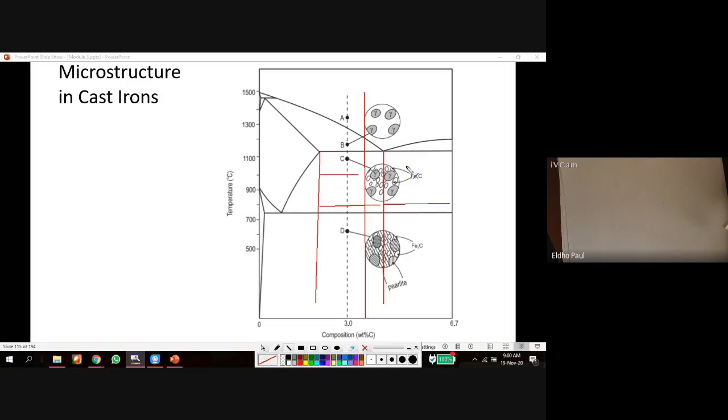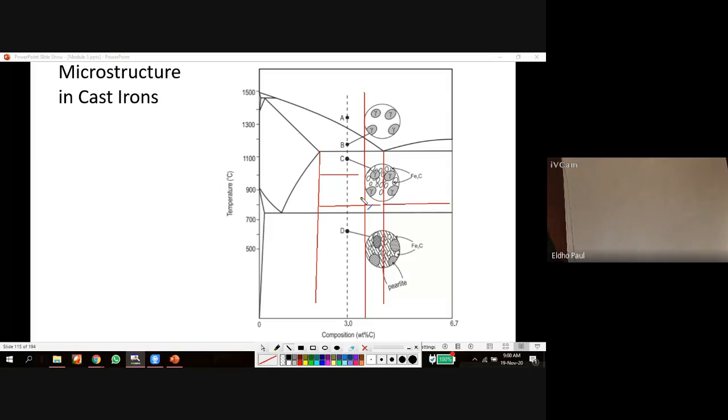So we are only considering hypoeutectic cast iron for engineering application. That is why I am limiting this microstructure study to the hypoeutectic case. We are not considering the microstructure in the eutectic line or hypereutectic line. We are only using cast iron in this range between 2.14 and 4%. That is the only good quality cast iron for engineering application.